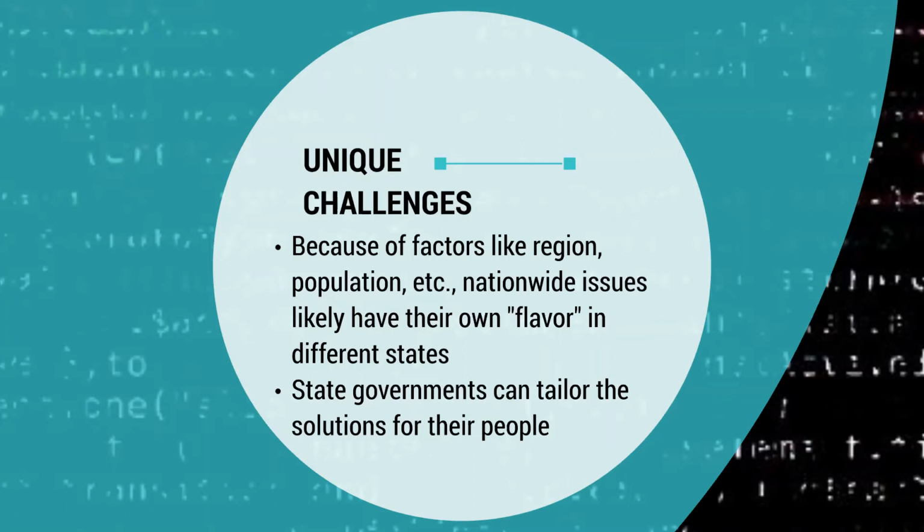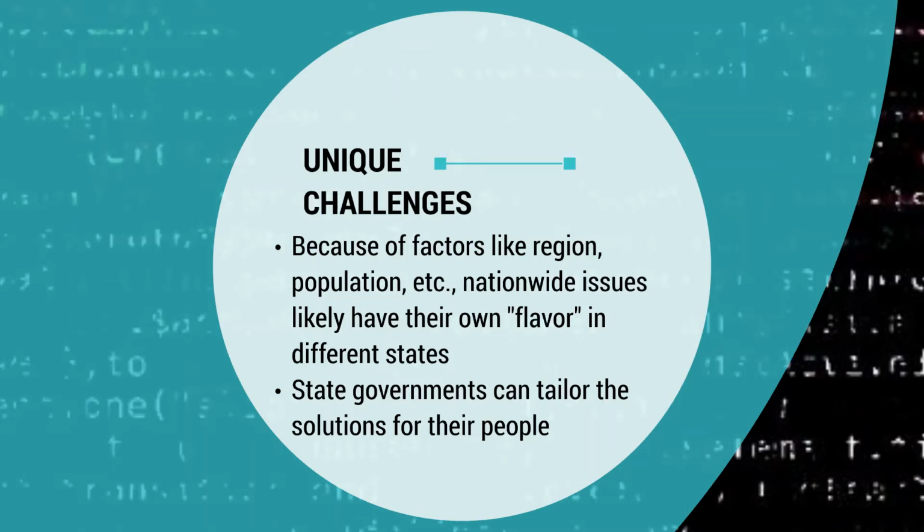And so states can tailor solutions for their people. For instance, with the coronavirus, the federal government is pumping money out to the states and leaving it up to them as to how they decide. I'm sure there are lots of stipulations on how they have to spend that money, but it's up to them to decide what is the best way to spend it for what's going on in their state.